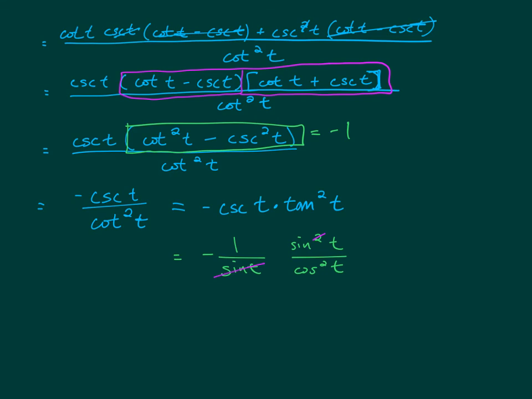And now you have a sine over cosine squared, which is the same thing as writing negative sine of t times secant squared t. So there are a lot of different ways that you could end up representing this answer here, as this fraction, as this product, as this product. You will just have to be familiar with the trigonometric identities in order to reach a good answer.